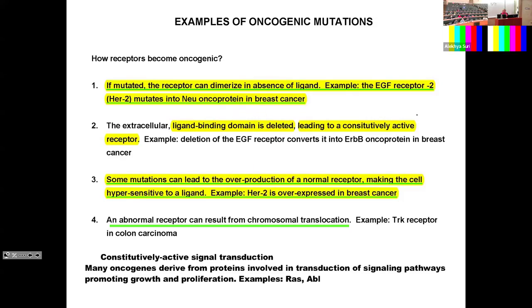In general, these receptors have to dimerize, as you might have seen in basic biology. They need to dimerize to be able to signal, right? Generally a ligand binds, the receptor dimerizes, and signal transduction goes to the nucleus.